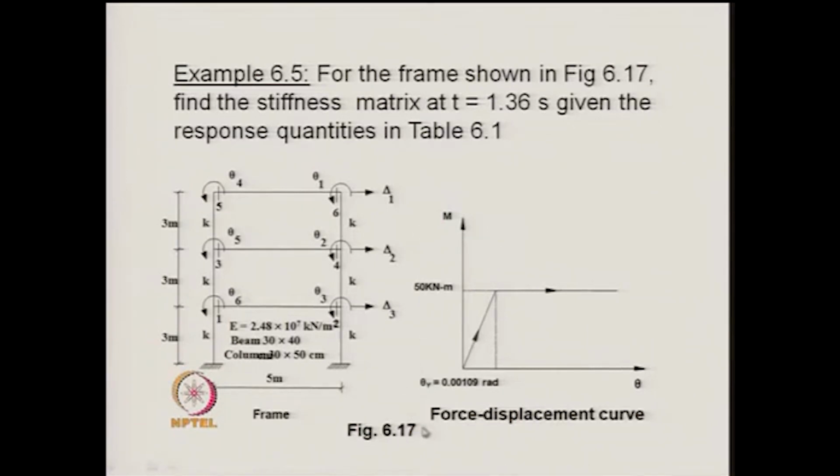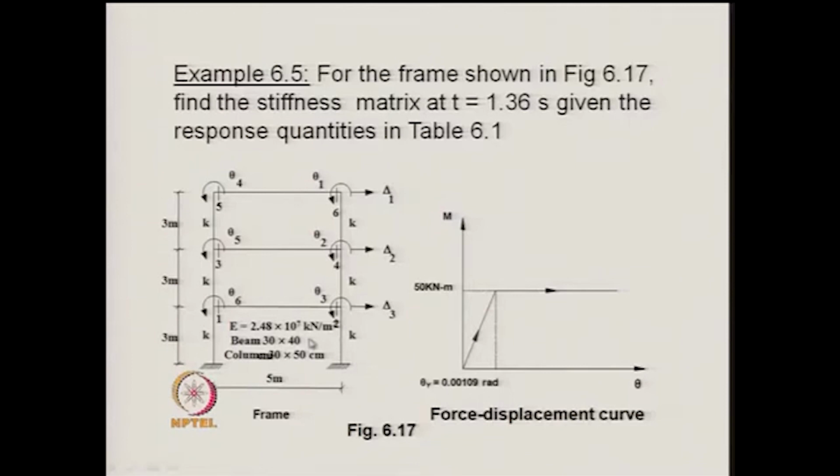The elastoplastic property of the rotation and moment that is shown over here, we call this as the general force displacement curve. In fact, here it is the moment rotation curve. At a value of the bending moment of 500 kilonewton meter, we have the MP value, and the yield rotation is given as 0.00109 radian.